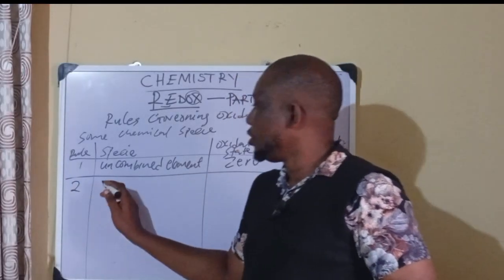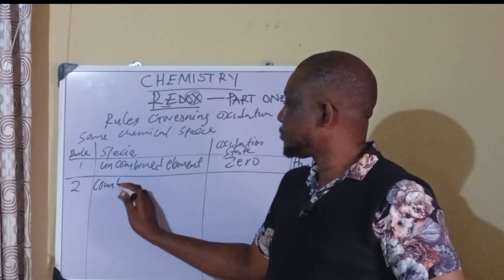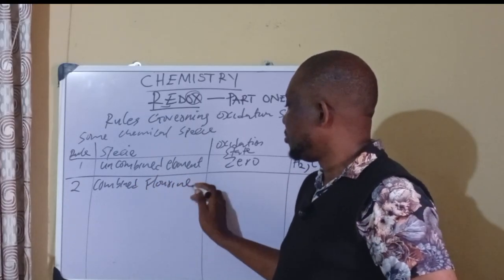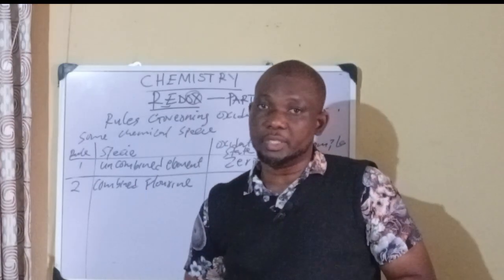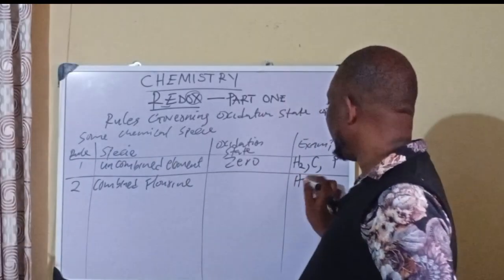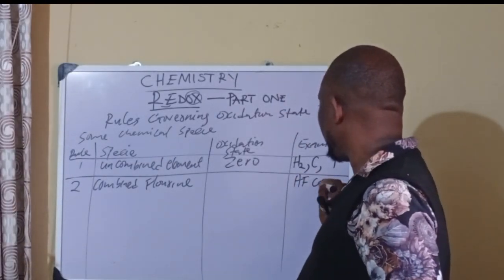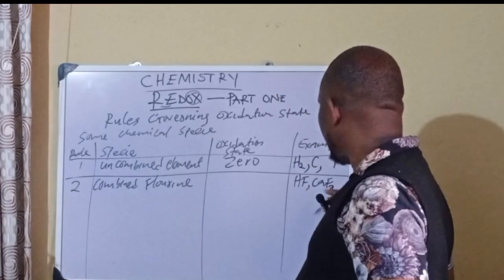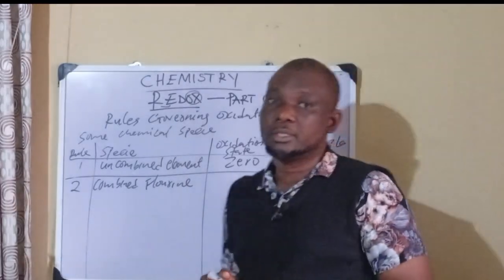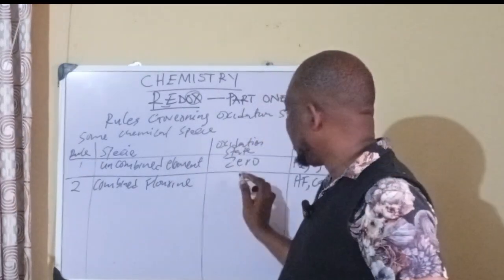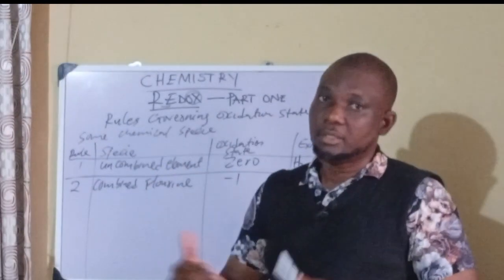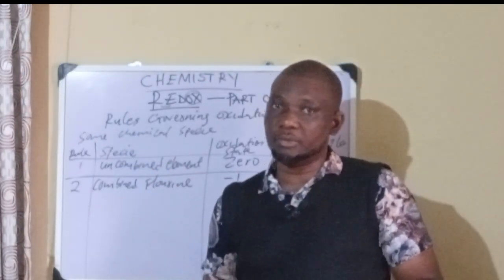So rule number 2, we have combined fluorine. In most compounds of fluorine, very few compounds of fluorine are known, like HF, CaF2, fluorspar. So in a combined state like this, the oxidation number of fluorine is -1, and that is also the case with other halogens in that particular category of halogens.